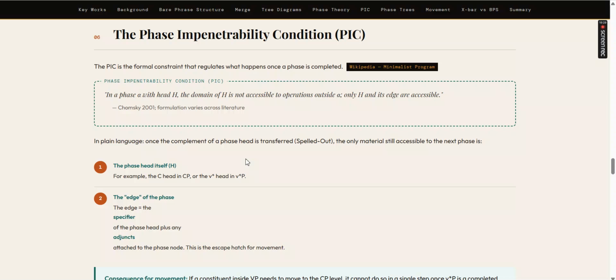In plain language, once a complement of a phase is transferred, the only material accessible to the next phase is the head, for example C head in CP and v head in vP, and the edges, that is specifier and adjuncts.